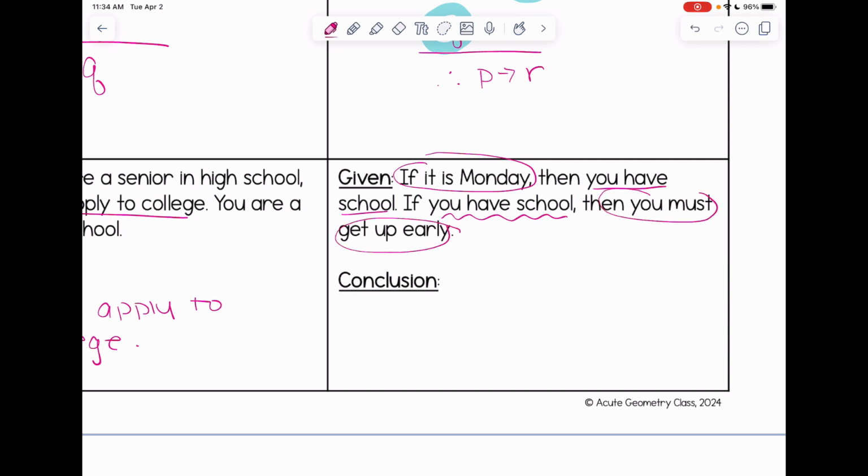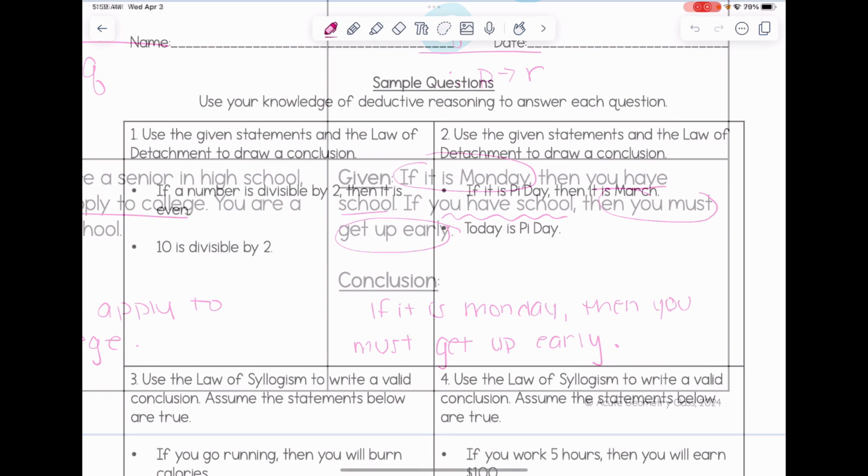So our conclusion would be, if it is Monday, then you must get up early. It's like we're using from those initial conditionals the pieces that did not overlap, the part that was not used twice. So we saw you have school twice already in our given facts. We're going to use the others to write a conclusion.